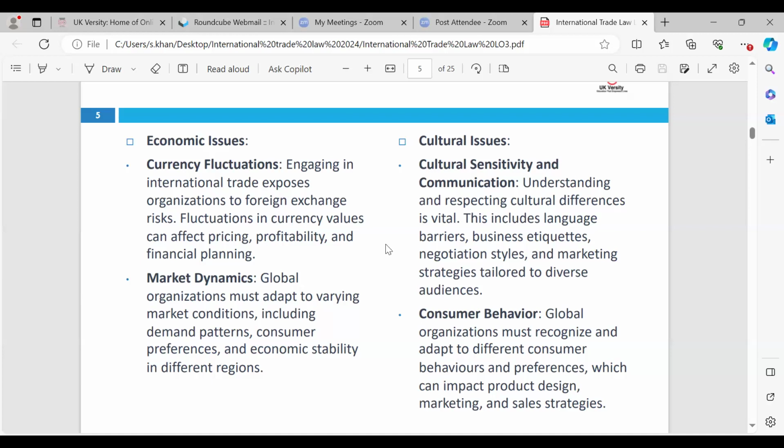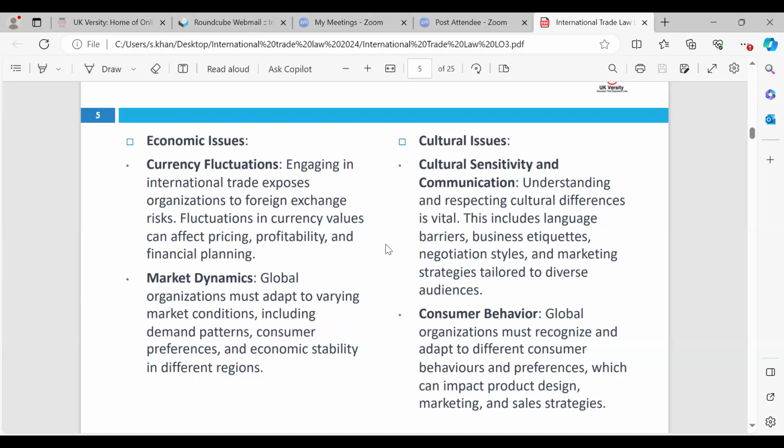The global organisations must adapt to varying market conditions, including the demand patterns, consumer preferences, and economic stability in different regions. So you need to bear in mind what consumers want, whether there is a demand for that product, and you must take into account the market dynamics. That's the most important element of economic issues as well in regards to marketing.